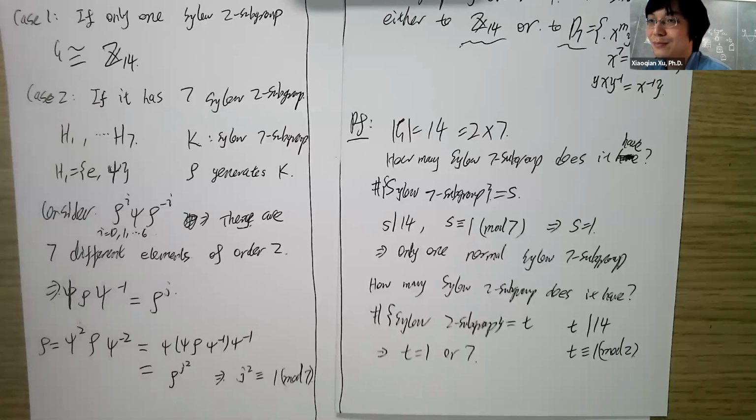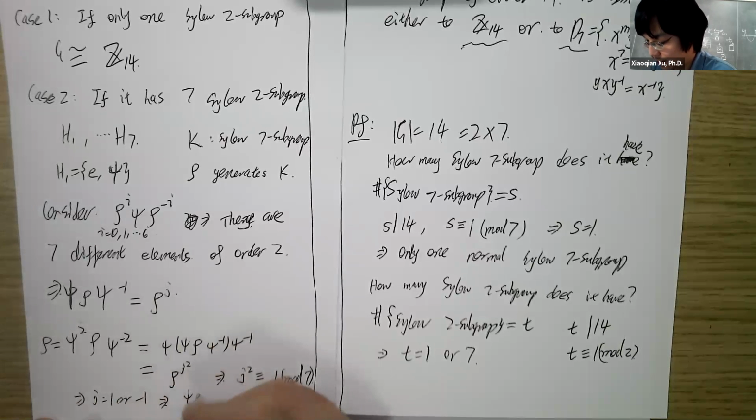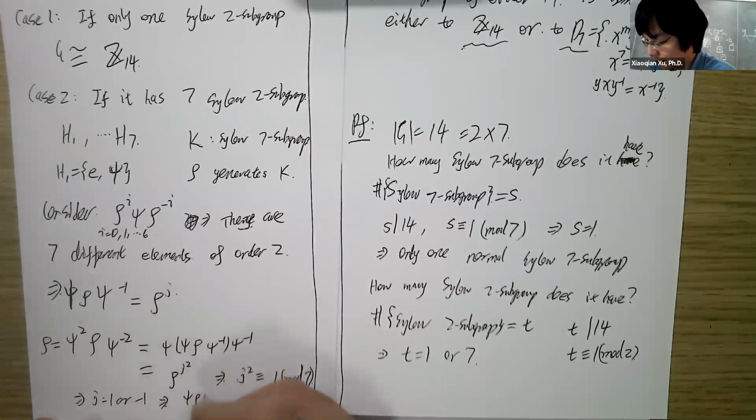That's great, because we try to imagine this J is -1. Then you find that this J square equals 1 mod 7. That means J could only be 1 or -1. That means C inverse rho C is rho to the power -1.